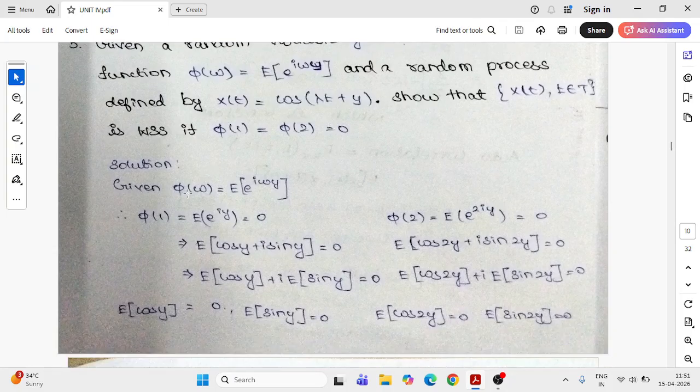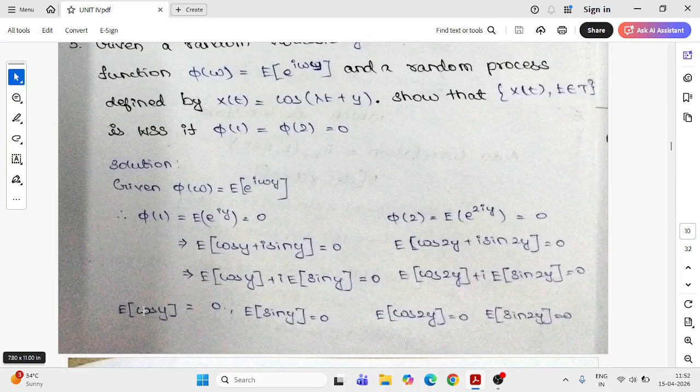Now let us see. Given Φ(ω) equal to E[e^(iωY)], for Φ(1), ω should be replaced with 1. So the expectation of e^(iY) is equal to 0, as given in the problem. We know that e^(iY) is nothing but cos Y plus i sin Y. So the expectation of cos Y plus i sin Y is equal to 0. When you take this expectation inside, E[cos Y] plus i E[sin Y] equals 0.